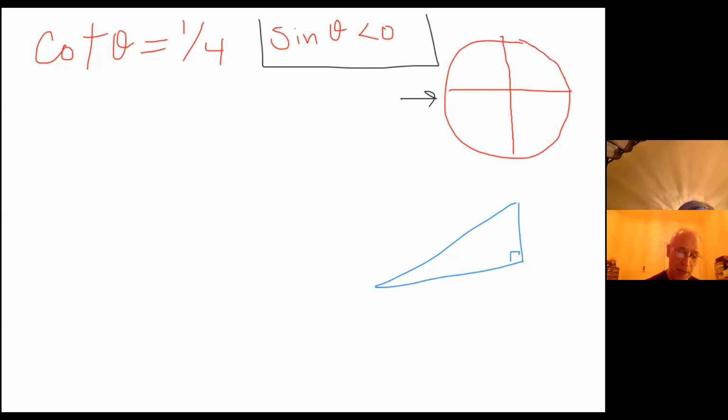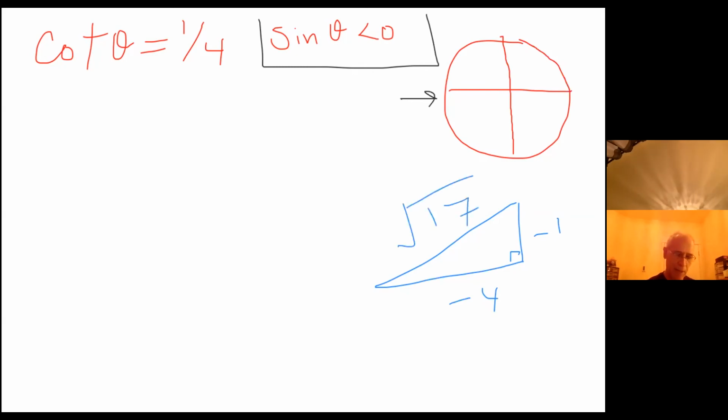So I have this as -1 and -4 in quadrant 3. So what's the size of the hypotenuse? A squared plus b squared, square root of that gives me square root of 17.